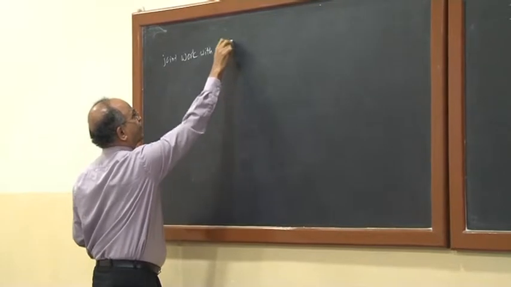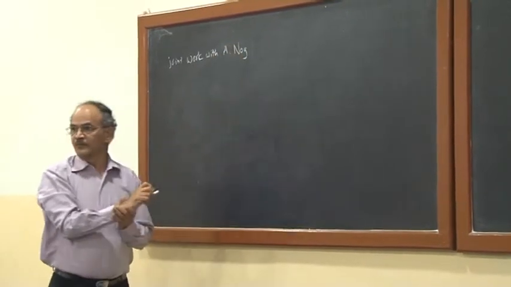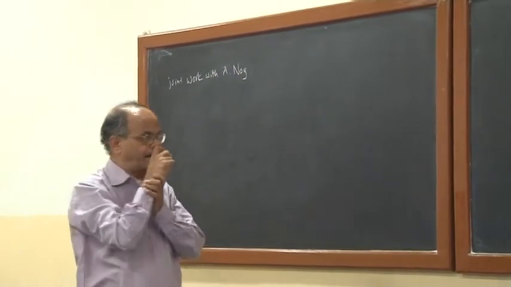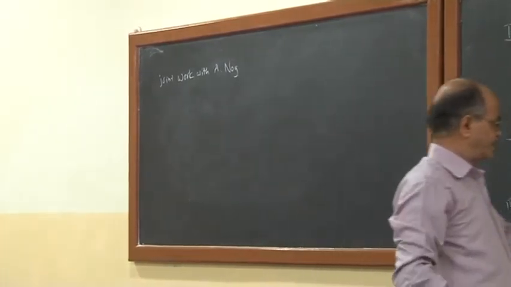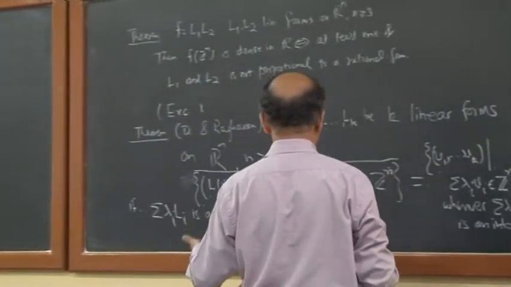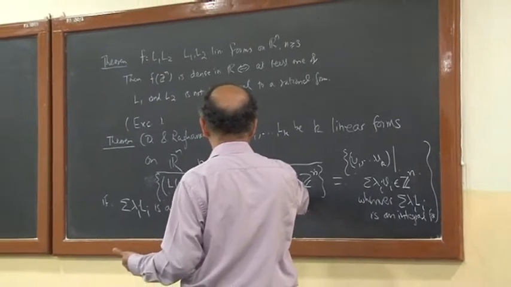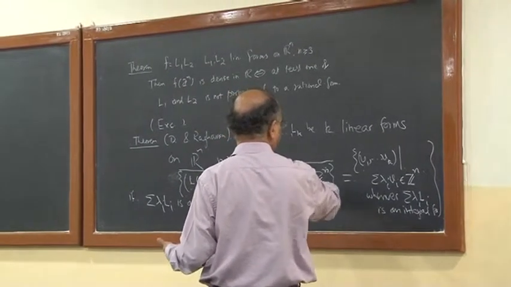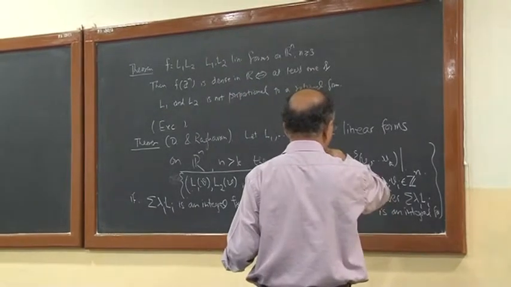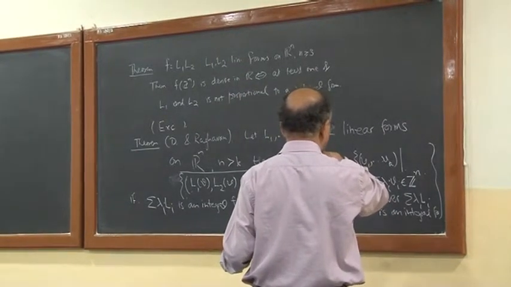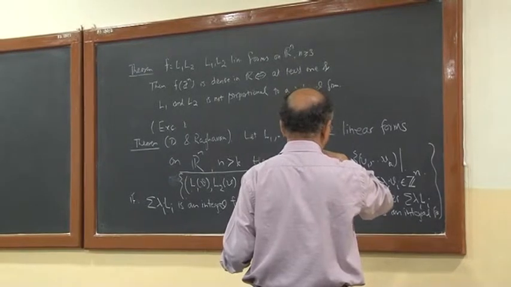Can I ask, I think I'm a little confused. L1 of v through Lk of v are real numbers, and on the right side you have a subset of R^n to the k? This is a subset of R to the k. And your little v_i are vectors, or are they numbers? Just numbers.